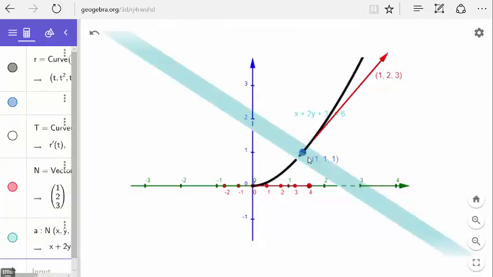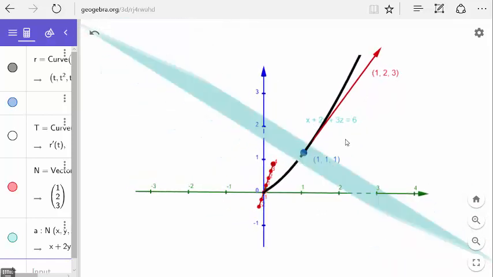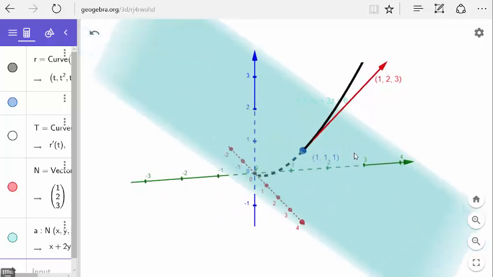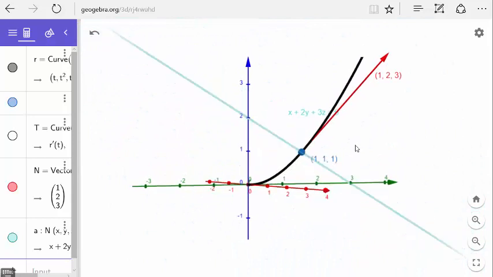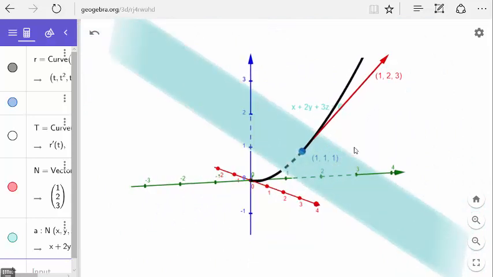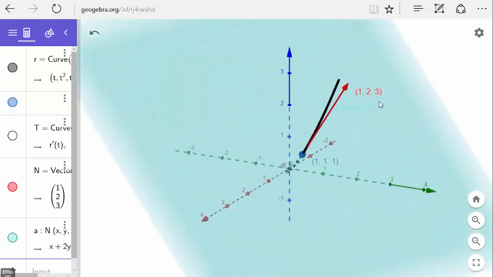Here we have the tangent vector, which is 1, 2, 3, and the normal plane is at a right angle to the curve at that point. It's at a right angle to the tangent of the curve at that point. Cool? That's what we're looking at with these normal planes.